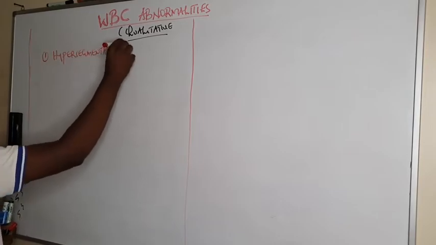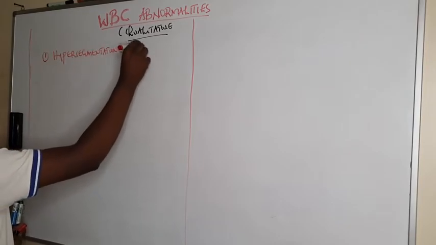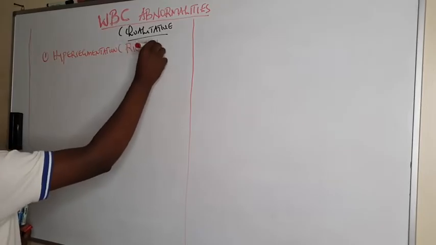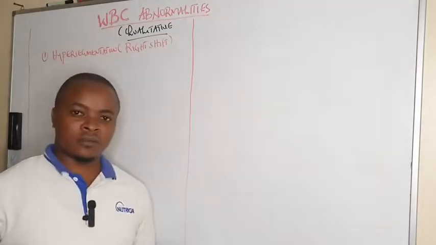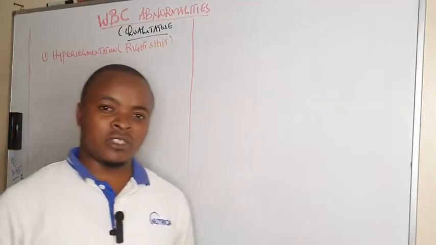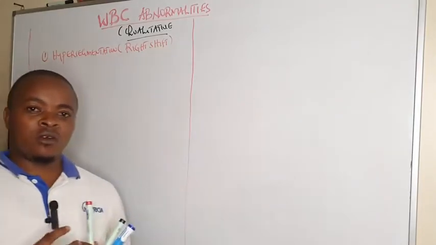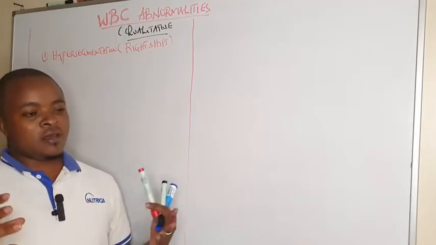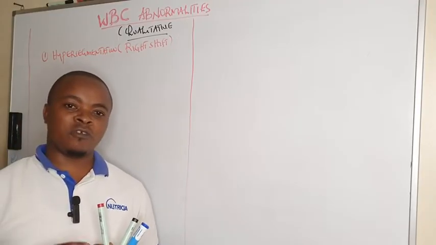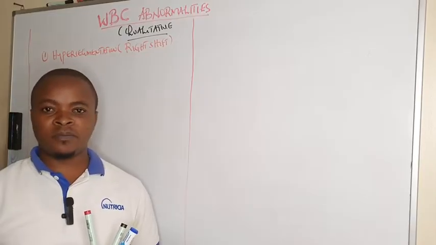This one you can call right shift, according to Cook-Arneth count. Because Cook-Arneth took time to count lobes of neutrophils, and he found out that normal neutrophils have lobes between 3 to 5.